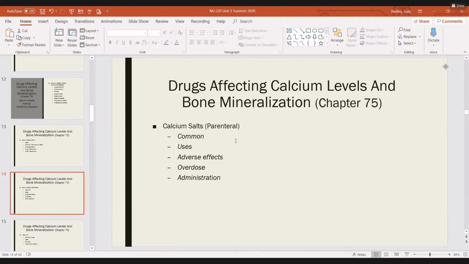When you are looking at an overdose on it, you're going to see signs and symptoms of hypercalcemia. So remember, we go from hypo to hyper when we're looking for signs and symptoms.